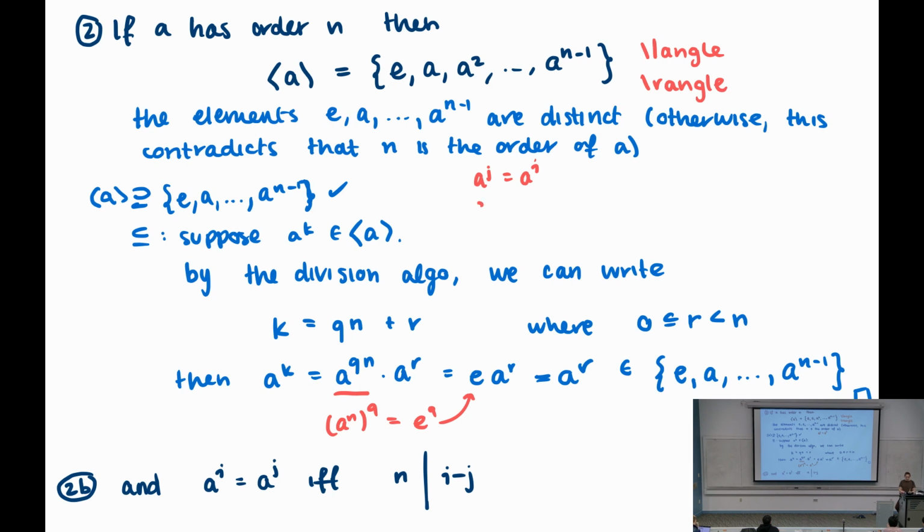Say j is bigger, we would have a to the j minus i is equal to e, but this contradicts. This would be a number that's smaller than n, so that can't happen. Other questions?